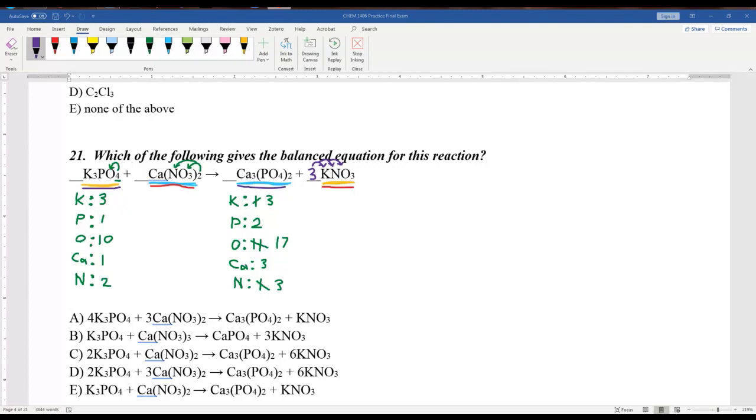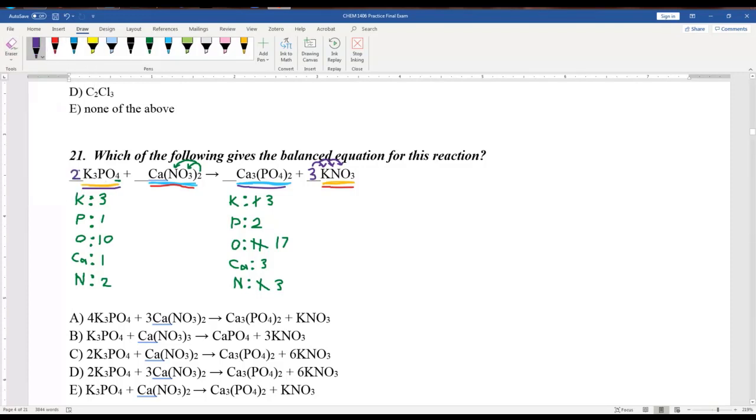To make the phosphorus the same on both sides, you put a 2 in front of the compound? Yeah, which compound? That first compound, K3PO4. Yeah, so I'll put a 2 in front of K3PO4. Now we have to remember that these coefficients are multipliers. They multiply everything after them.